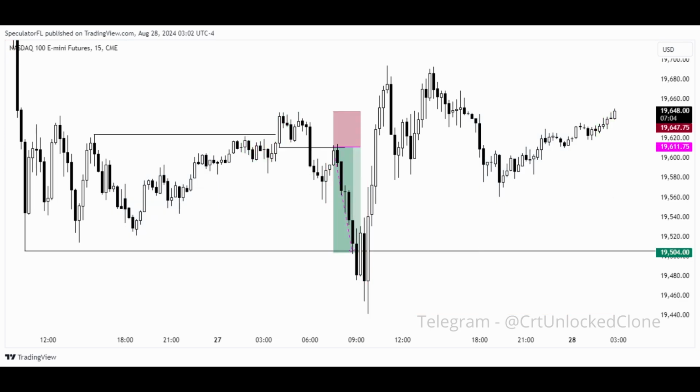So what happened is that after this model entry was formed, I put my entry at the order block's open with my stop loss above the order block's high, and I targeted this short-term down liquidity which offered around 1 to 3 RR, right? And you can see price expanded lower towards the short-term down liquidity and took out that low, and after that it had a reversal profile from there. You can see that was my trade on NQ.